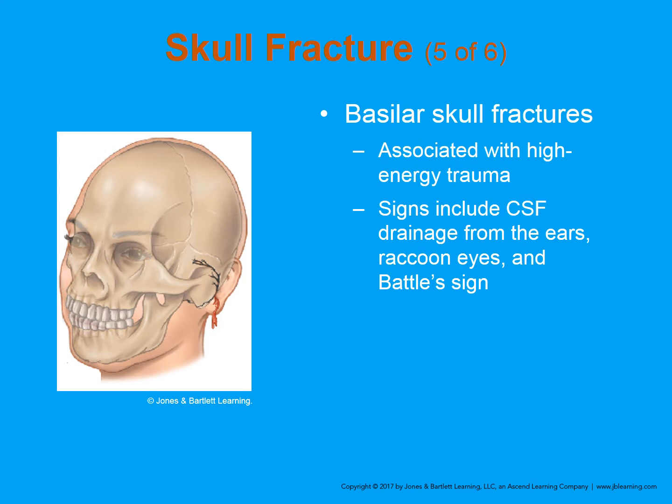Basilar skull fractures are associated with high energy trauma. Signs include CSF draining from the ears, raccoon eyes, and Battle signs, all of which point to a fracture at the base of the skull. With a basilar skull fracture, a definite contraindication is using an NPA, a nasopharyngeal airway.